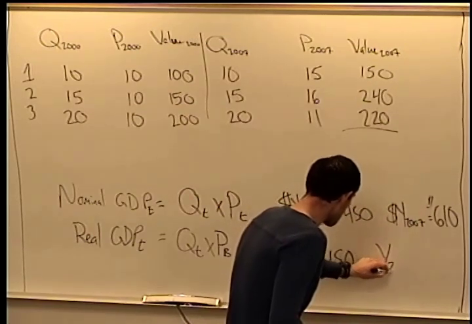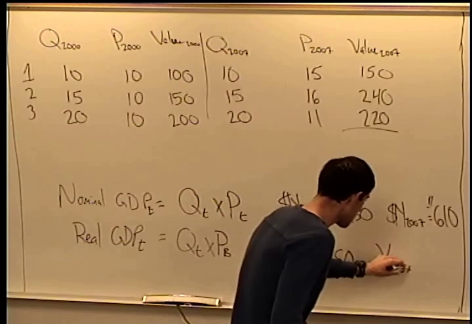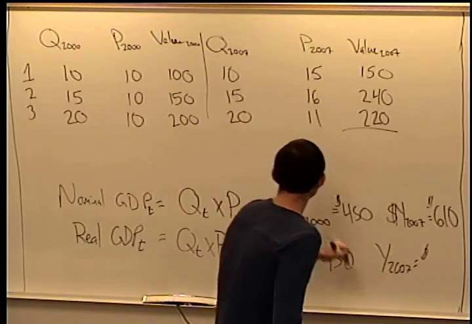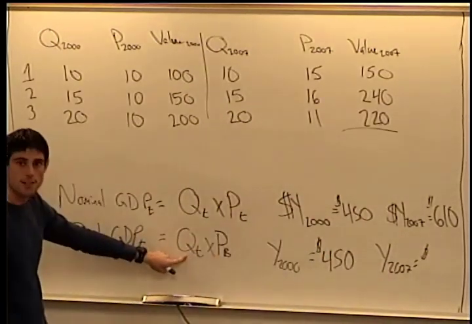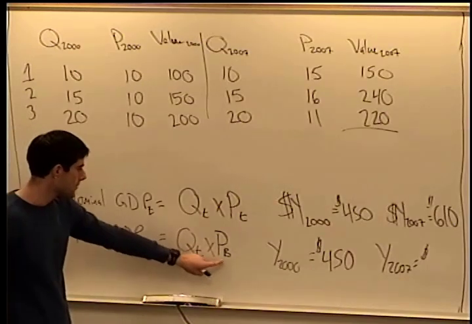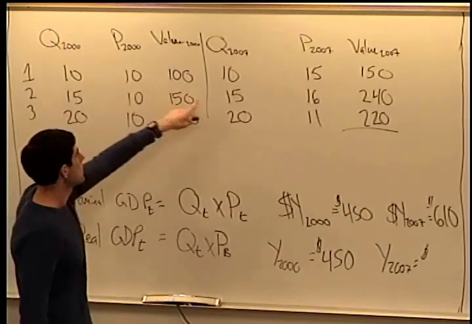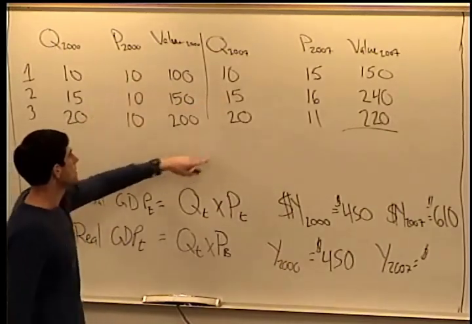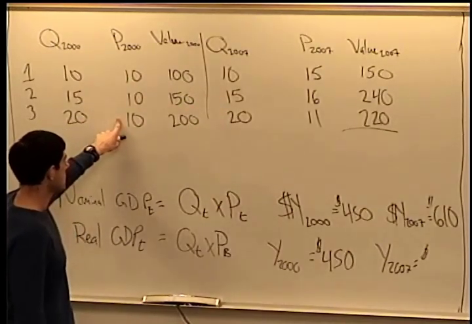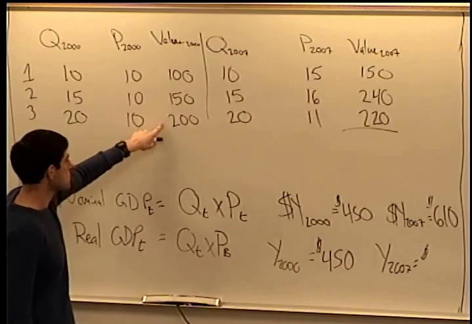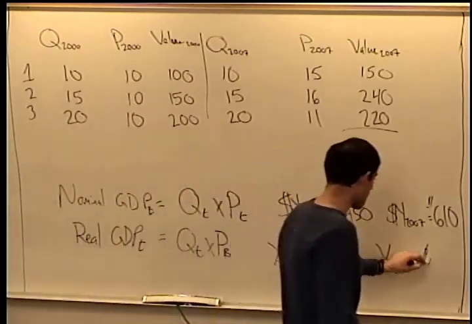And real GDP in 2007 then is going to be equal to quantities in 2007 times prices in the base year. So 10 times 10, 15 times 10, plus 20 times 10. And that equals 100 plus 150 plus 200, which is equal to 450.